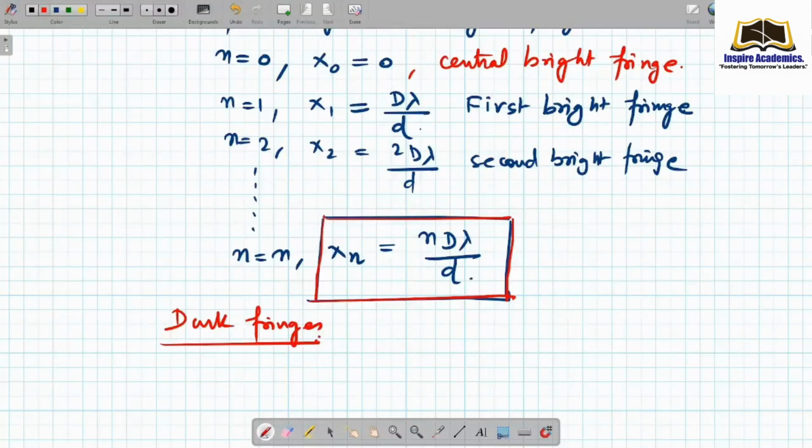Let me say that my condition for P was x d by D, and this has to be basically equal to 2n minus 1 into lambda by 2.